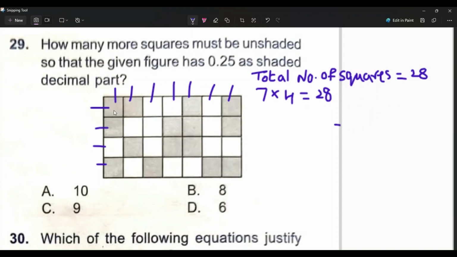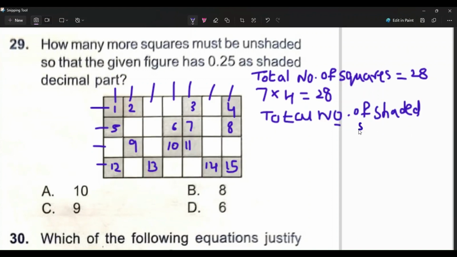Total number of shaded squares: 1, 2, 3, 4, 5, 6, 7, 8, 9, 10, 11, 12, 13, 14, 15. So total number of shaded squares is equal to 15.